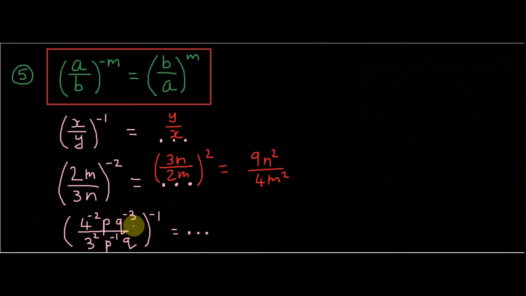We have a choice here. We could first multiply the powers with the negative 1 outside the brackets, or we can go straight to this rule and first invert the fraction. So let's do that.